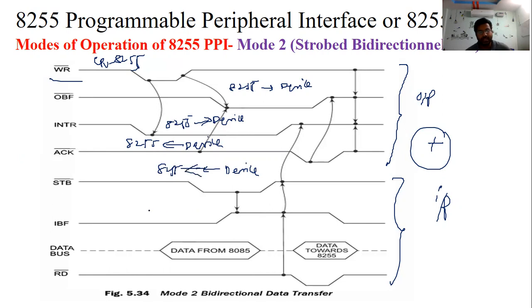Once it is taken, the 8255 can generate the interrupt. Then this is the data from 8085 or 8086, the read operation, which means CPU to the 8255.